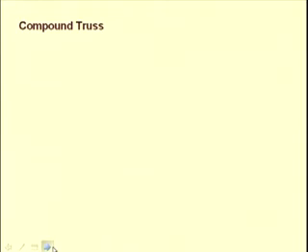Let us now consider another class of trusses that we call the compound trusses. A compound truss is a rigid truss constructed by connecting two or more simple trusses. We have already seen how to construct simple trusses.